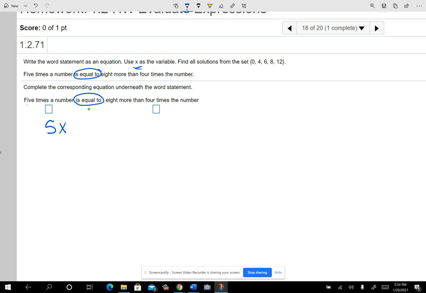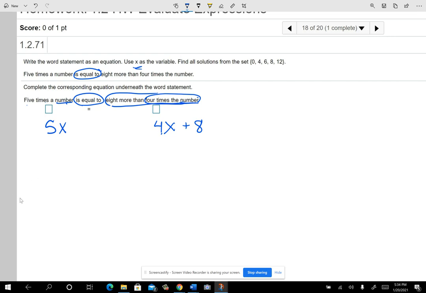So there's a lot going on. I like to start with the variable and then translate. Start with the x, then back up and do 4 times that. Then back up and do 8 more than that. So 8 more than what I have would be 4x plus 8.